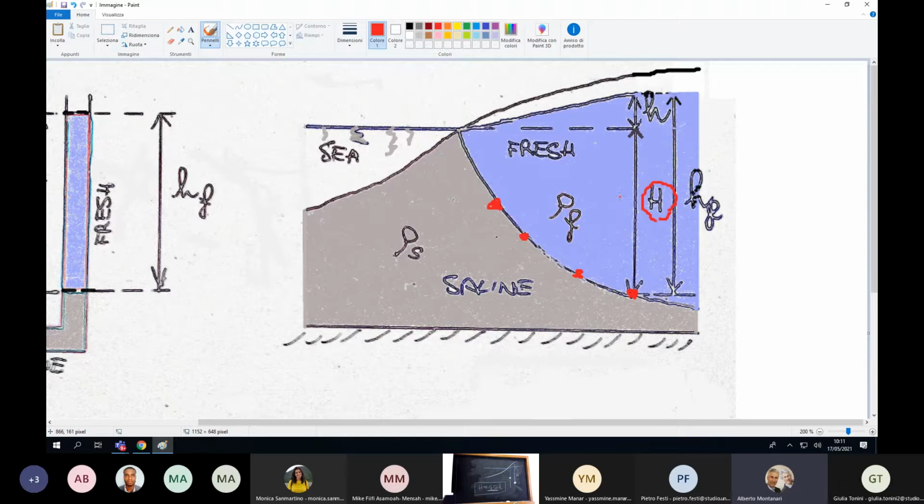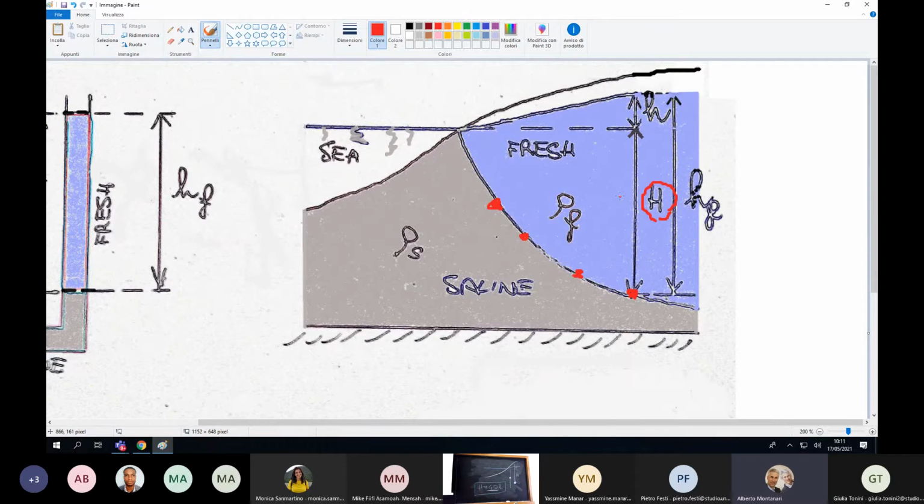Let's suppose that you have a storm, which means you have very relevant energy coming from the sea with the waves. These waves are pushing salt water into the land, which means that you may have a contamination of the underground by salt water.